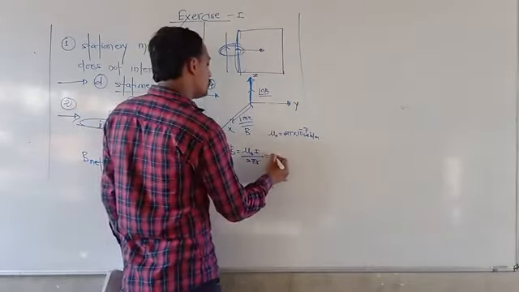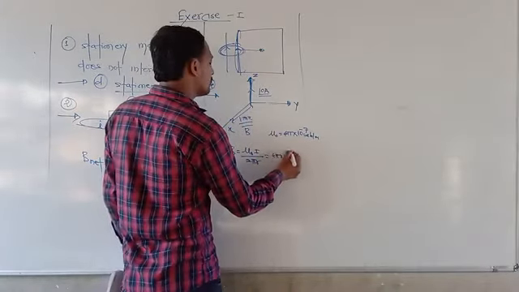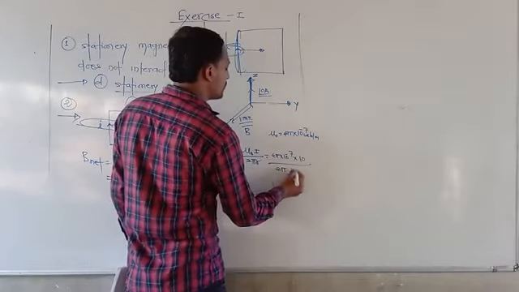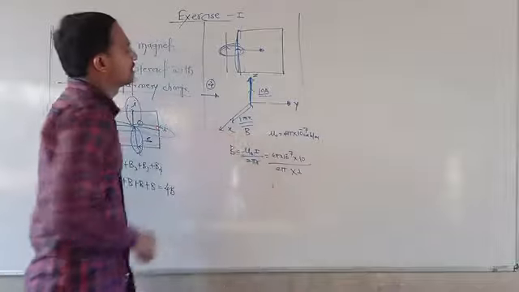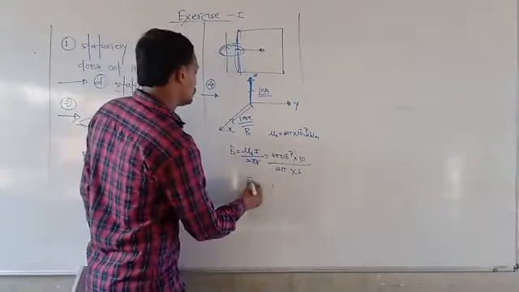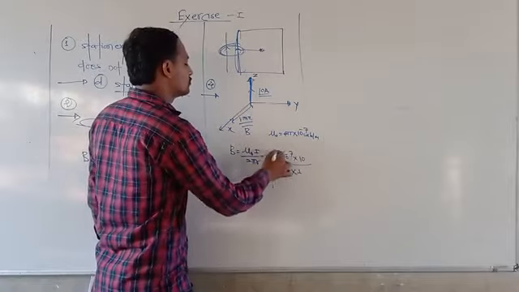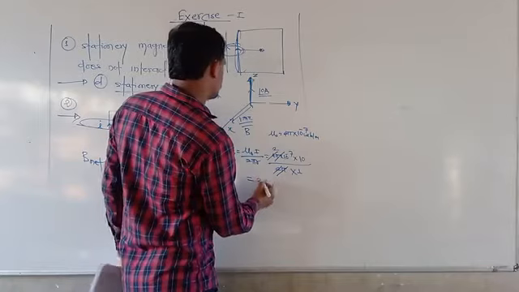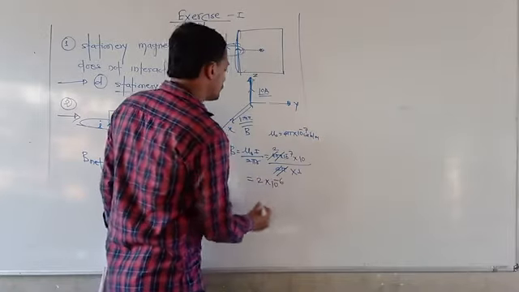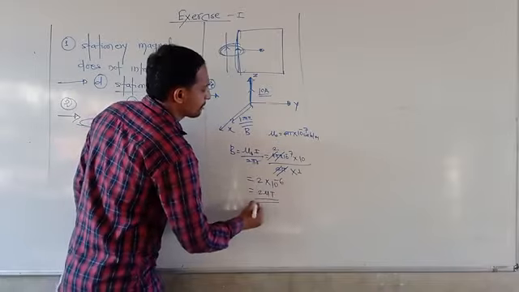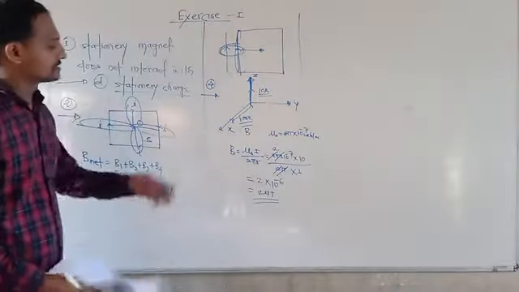So 4 pi into 10 raised to minus 7, I is 10, upon 2 pi into 1, because the distance is 1 meter from the conductor. Pi gets cancelled, 10 into 10 raised to minus 7 gives 2 into 10 raised to minus 6, so 2 micro Tesla. This is the value.